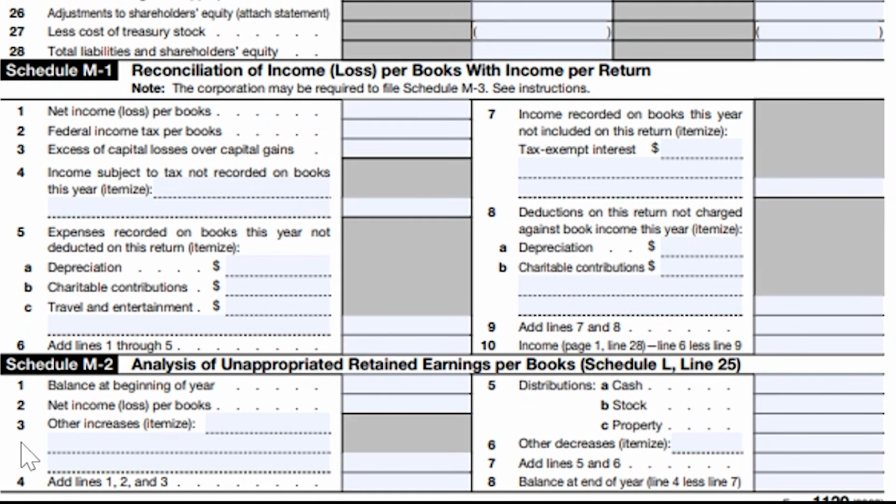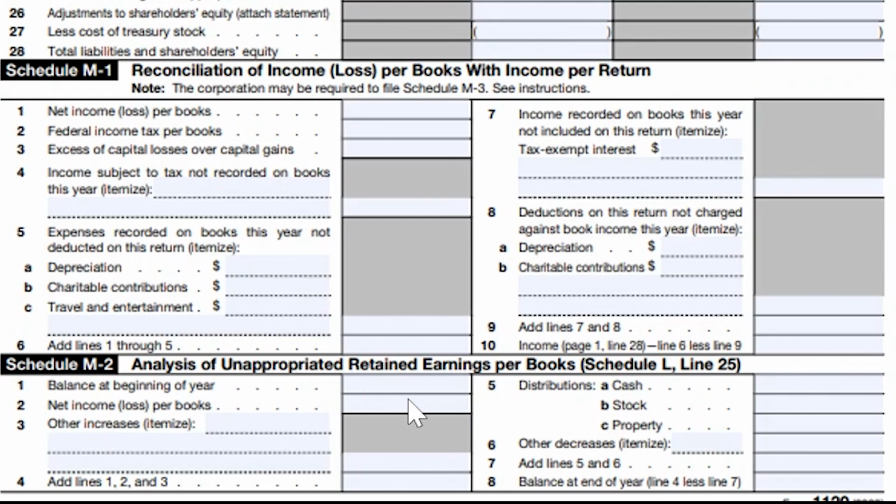So the last section on page 6 is the retained earnings analysis. So retained earnings show your accumulated earnings and your accumulated contribution, and any distribution will reduce the same thing right here. So on the left hand side, any income will increase your retained earnings, and any loss will reduce your retained earnings.